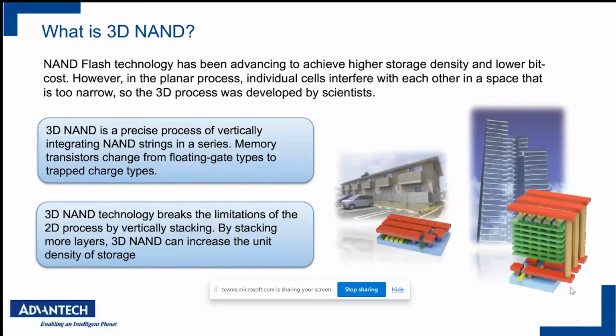3D NAND flash is a type of non-volatile flash memory whereby the memory cells are all stacked vertically in multiple layers, instead of horizontally in a two-dimensional matrix like 2D NAND flash. By stacking more cells vertically in multiple layers, the storage density can increase further.